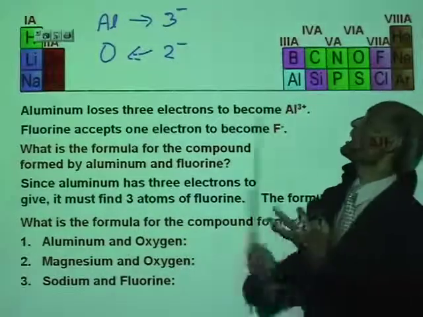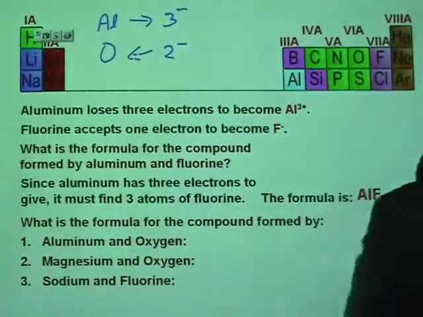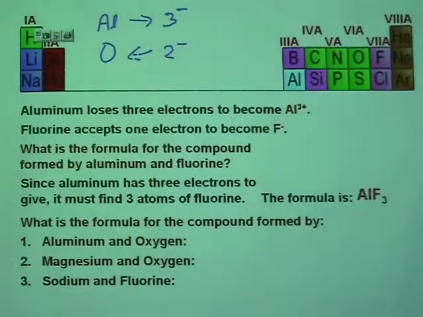So if 1 aluminum has 3 electrons to give, 2 aluminum, look at the way I'm going to write 2 aluminum, it is Al2. 2 aluminum will have 6 electrons to give. And these 6 electrons are going to be given to 3 oxygens. And 3 oxygens can take in 6 electrons.